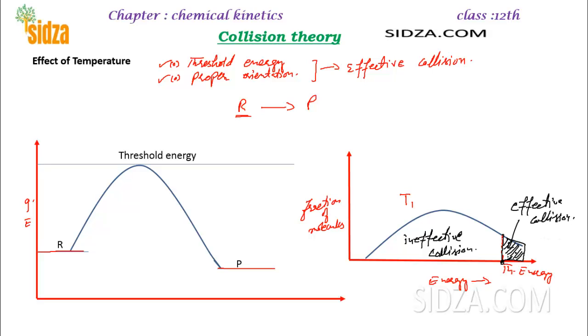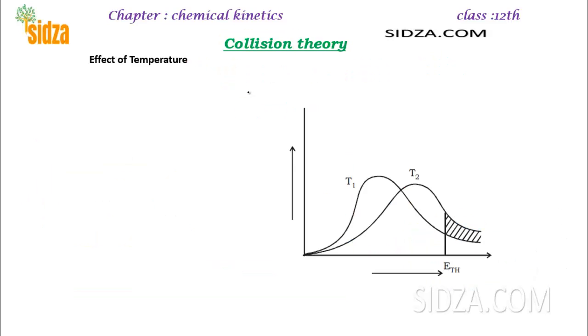So the rate of a reaction actually depends on the number of molecules possessing that particular energy. Suppose we carry out a reaction where the reactants convert into the product at 25 degrees Celsius, and suppose the rate of the reaction here is x.